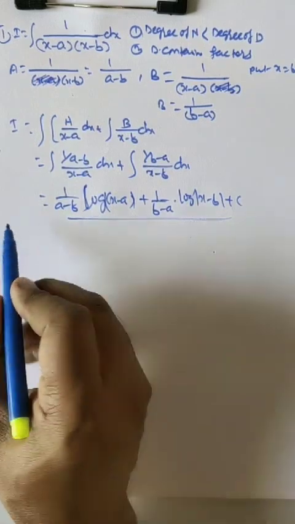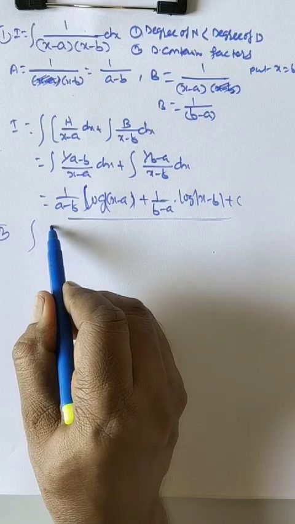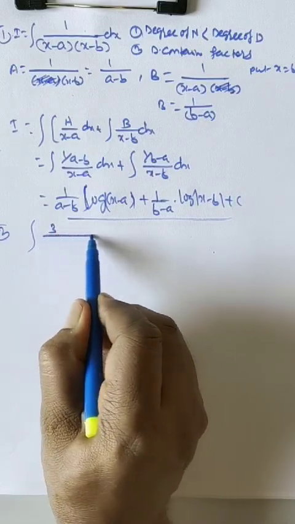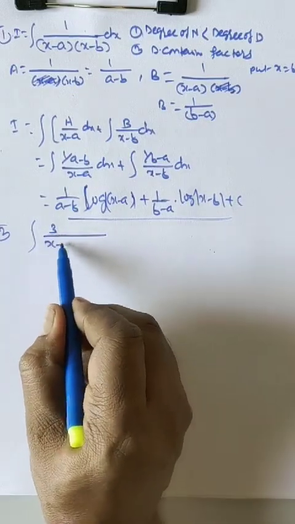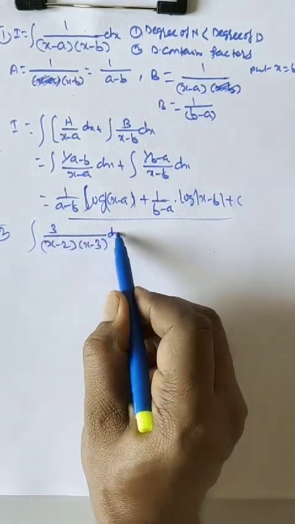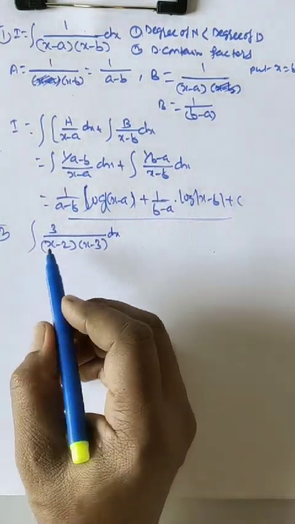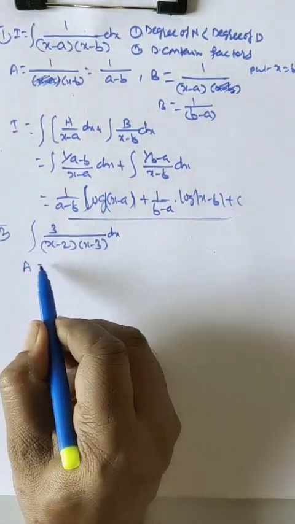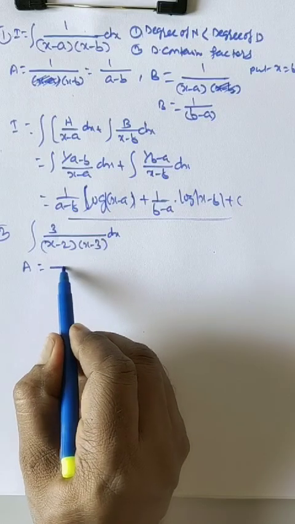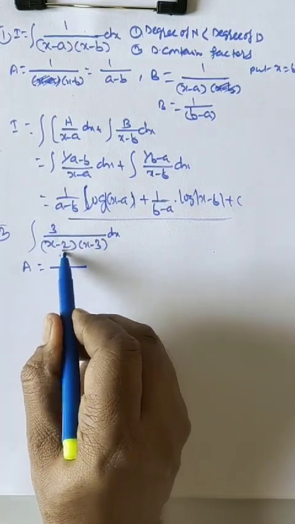Second example, integration of 3 upon x minus 2 into x minus 3 dx. To find a, put x equal to 2.